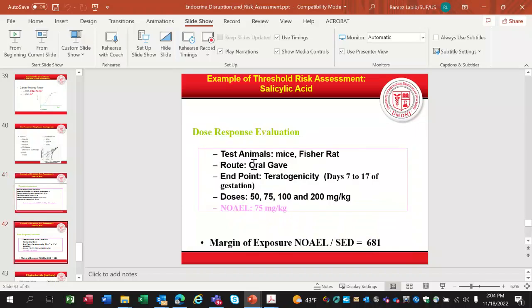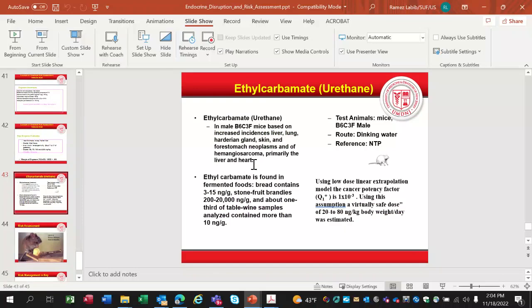As long as I get an uncertainty factor or a value more than 100, then that shows that I have an acceptable risk. This is just the carcinogen example, and again, how you derive a virtually safe dose from the slope factor that's based on the probability of causing risk of 1 in a million.